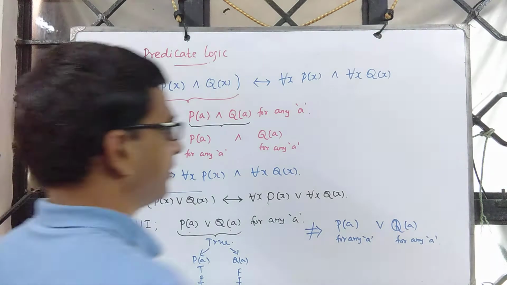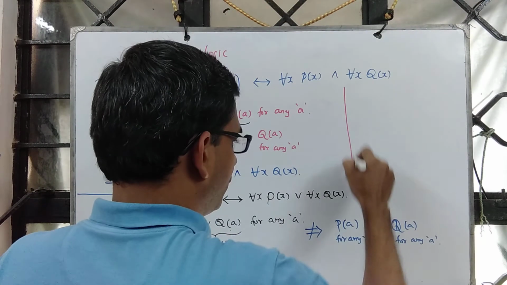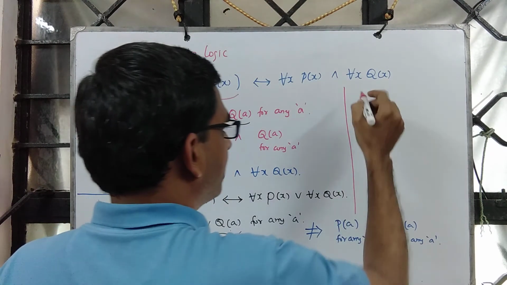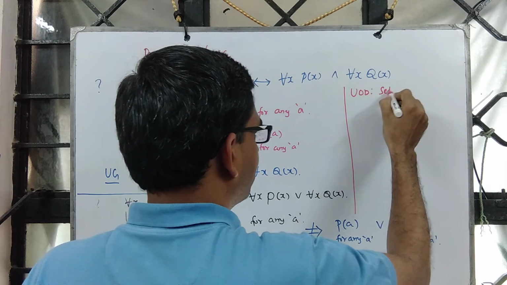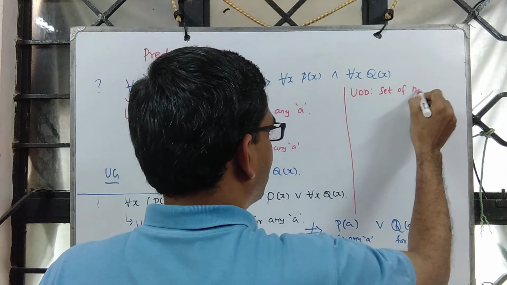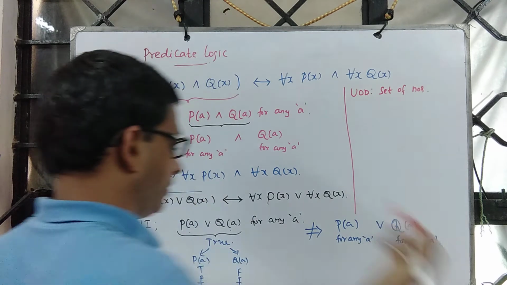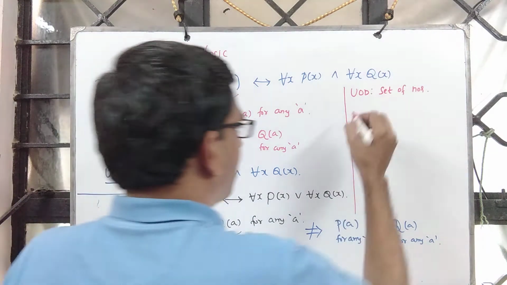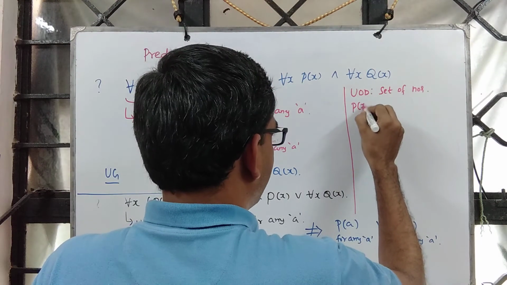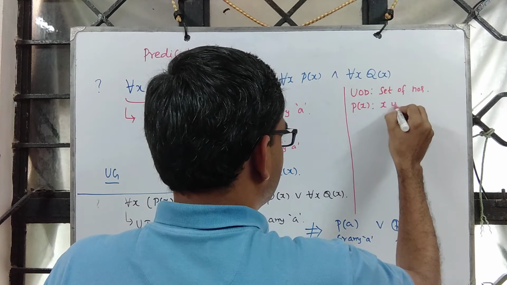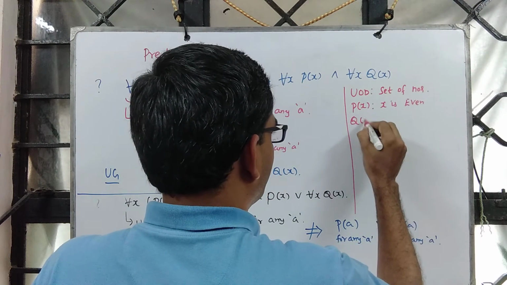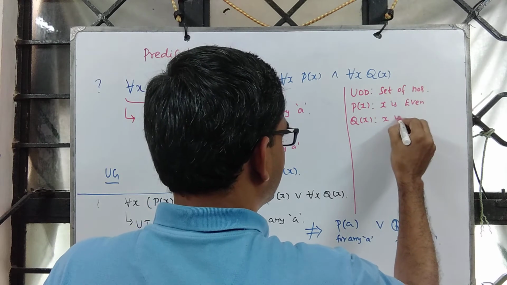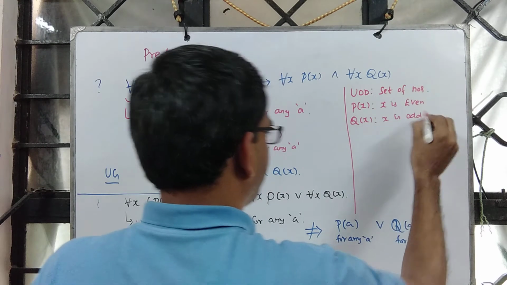We will give a proper counter example to show that such an implication is not always true. Here is a counter example. To establish a counter example, you fix one UOD, say the set of natural numbers. Now P of x says x is even. Q of x says x is an odd number.